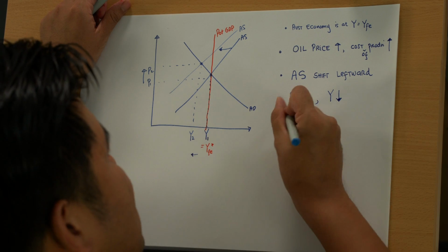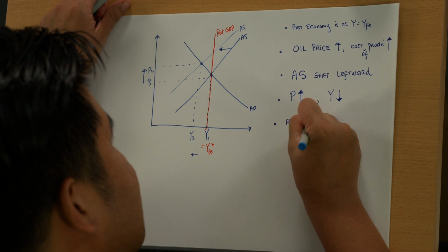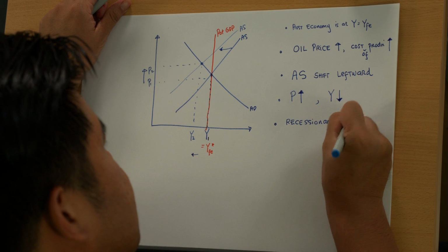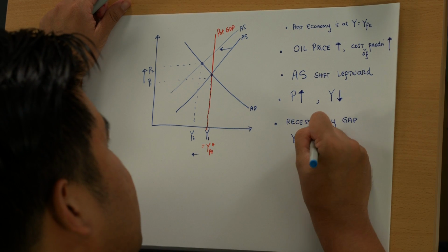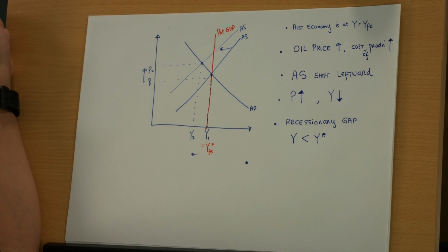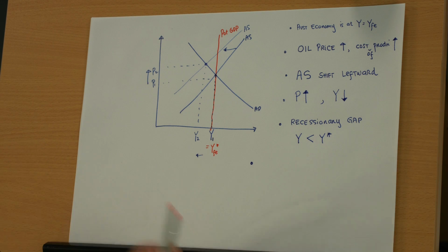Let's continue the discussion here. Now we are at a recessionary gap, because Y is below Y star. Now let's try to bring the RBA into this.